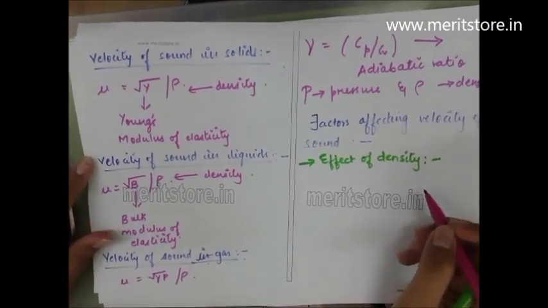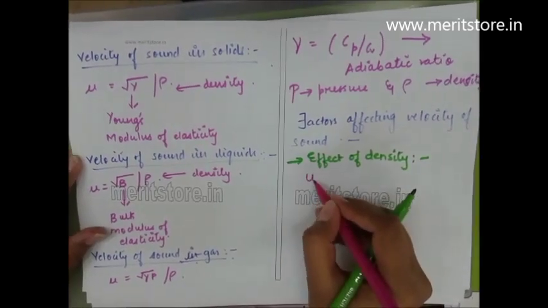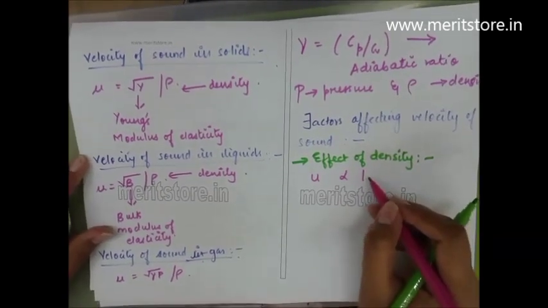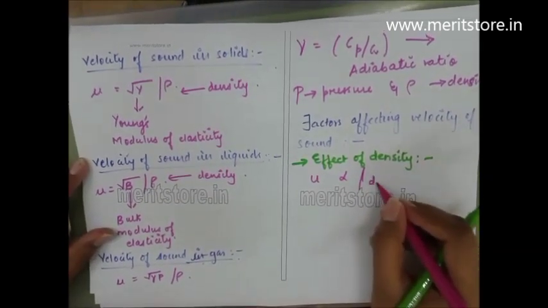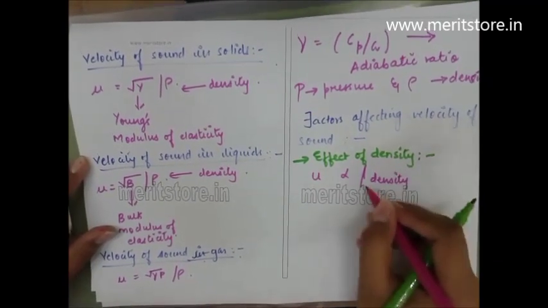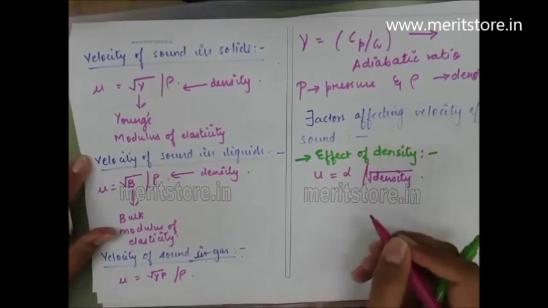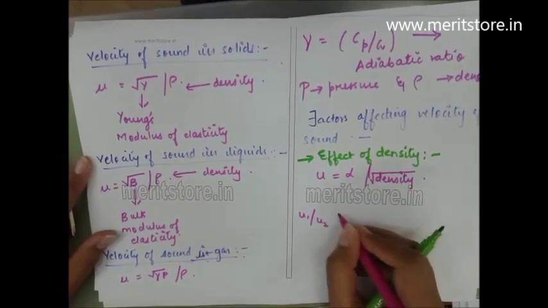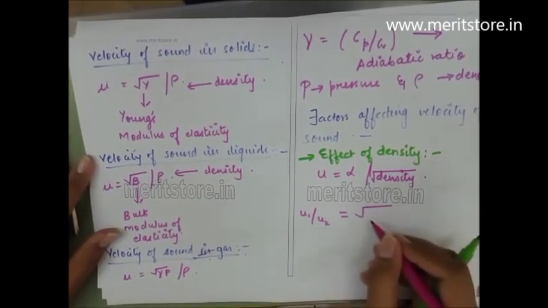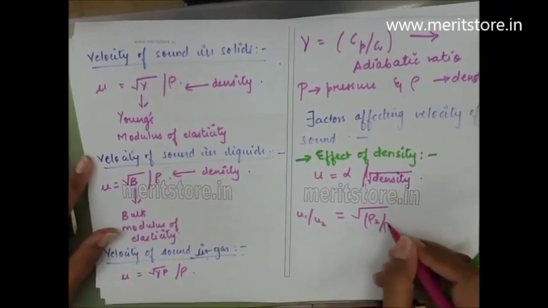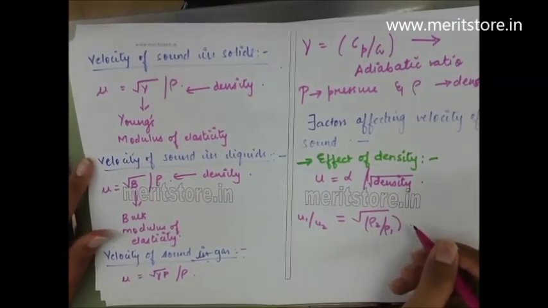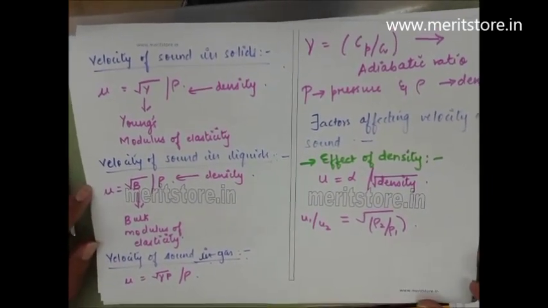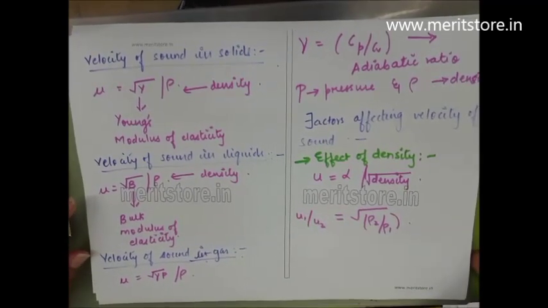The velocity of sound in gas varies inversely to the square root of its density. The relation can be given as u1 upon u2, which is equal to the square root of rho 2 by rho 1, considering two substances, for the effect of density.